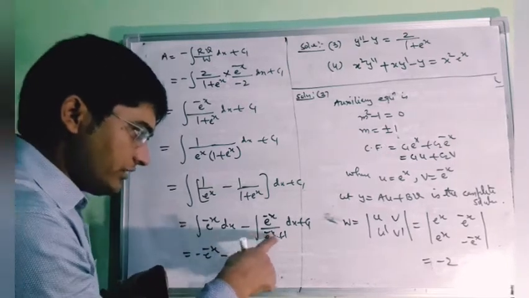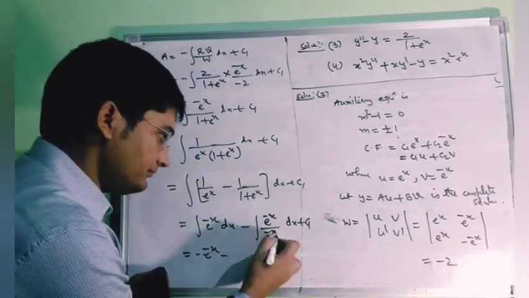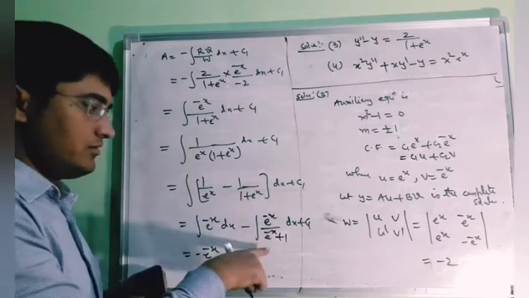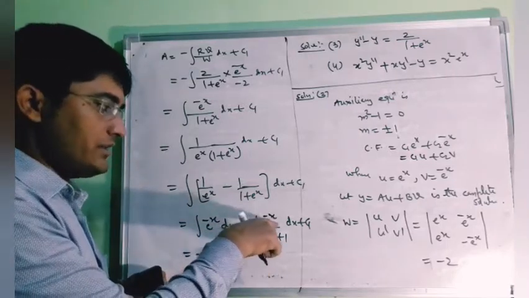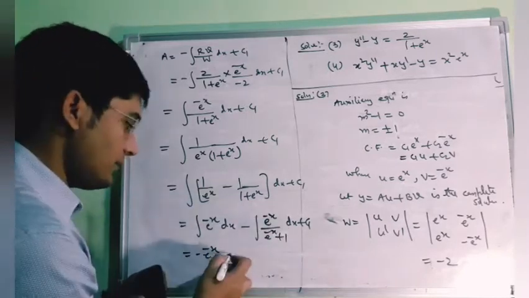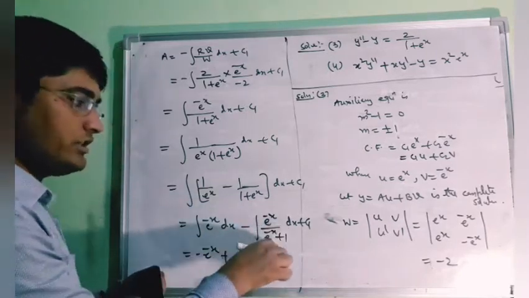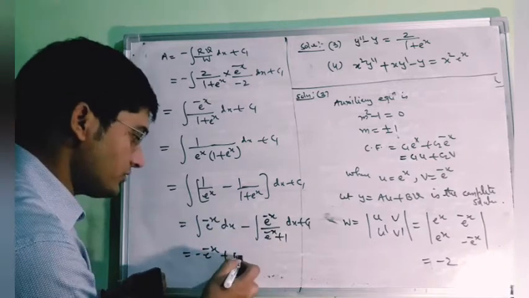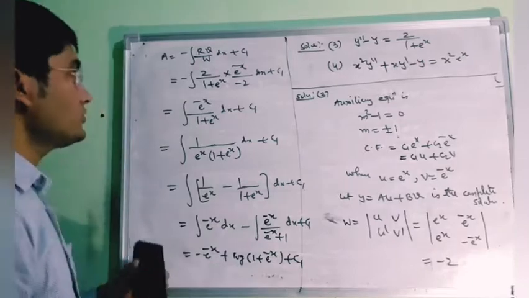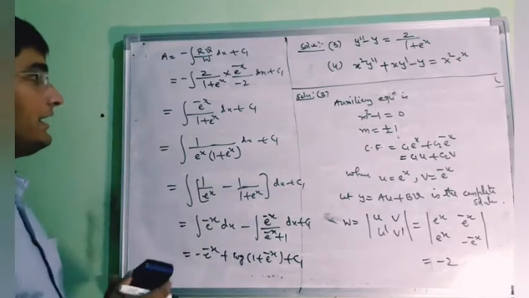And if you take this term as t, then this will be minus e to the power minus x dx, and this will become your minus dt. So we will have plus dt. So this is your dt upon t, which is your log t. So we will have log 1 plus e to the power minus x plus c1. So we have the value of A here.